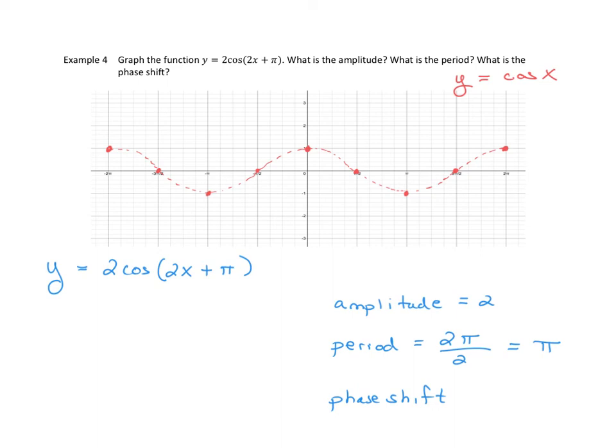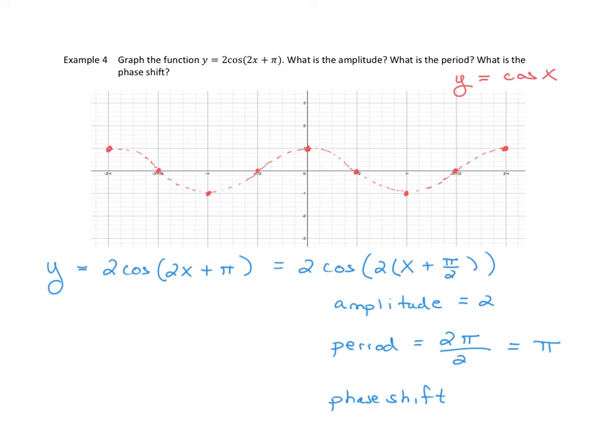Here's what I mean. I'm going to write this as 2 times cosine of, if I take 2 out from here and here, I'll have x left over. That makes sense. 2 times x is 2x. But over here, I would have to put pi over 2.